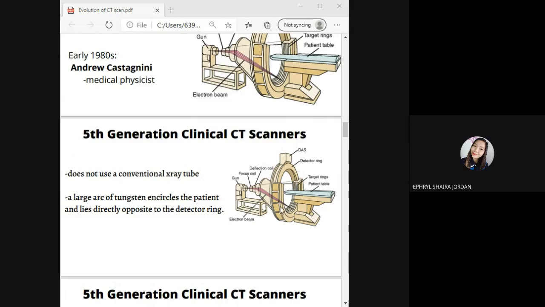So para real-time siya, real-time ang kanyang acquisition. So here, the X-ray would deflect here. It would go through the patient. It will be detected by the detector ring, and it will be translated by the data acquisition system. So yan siya. Ganyan ang unique na design ng fifth generation CT.